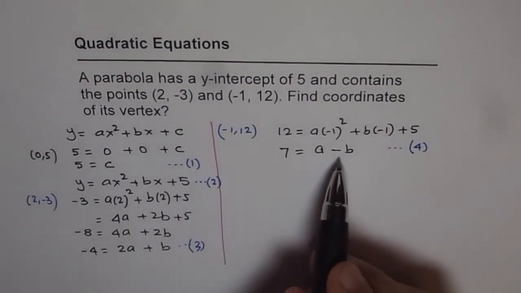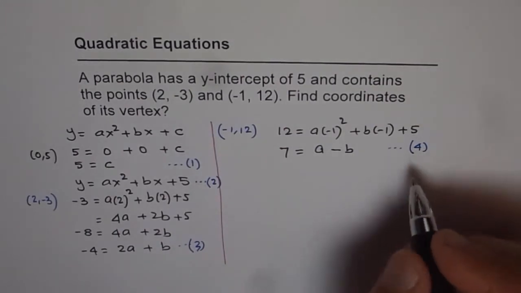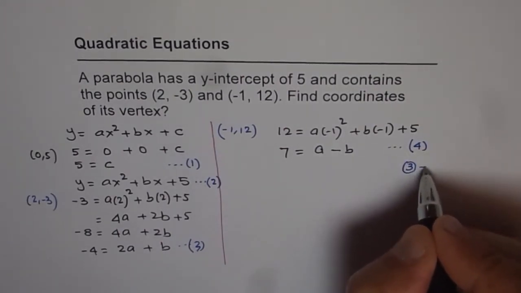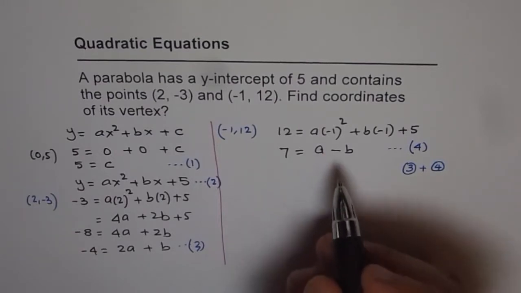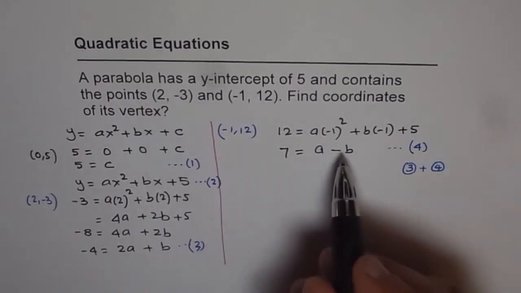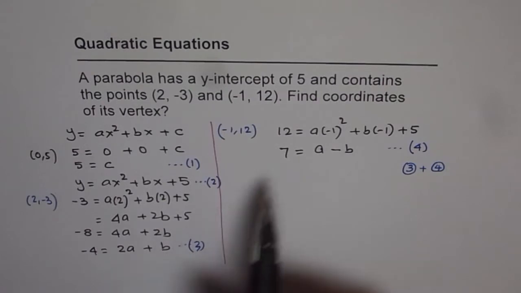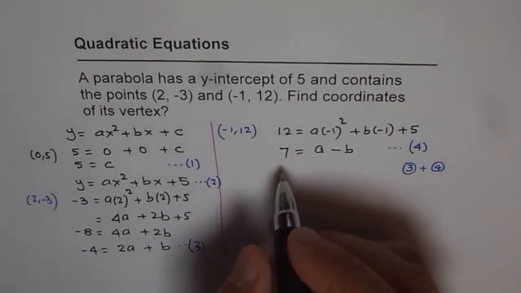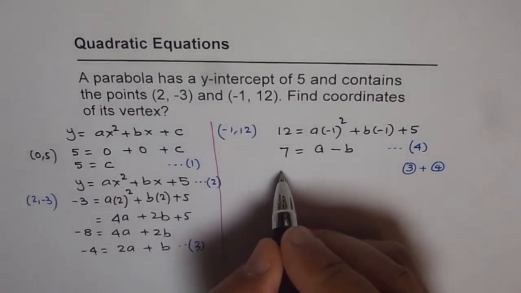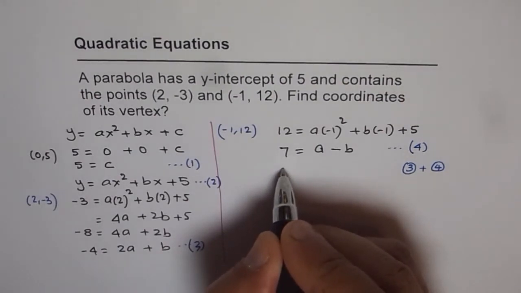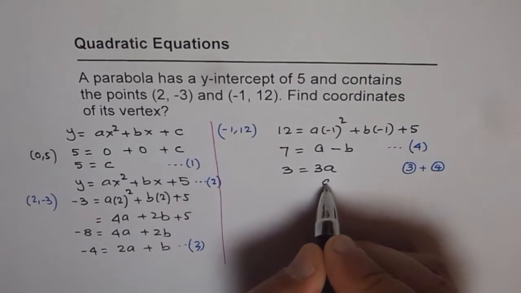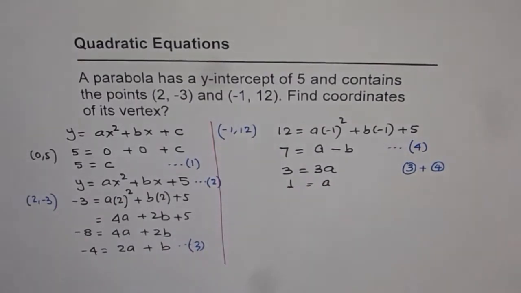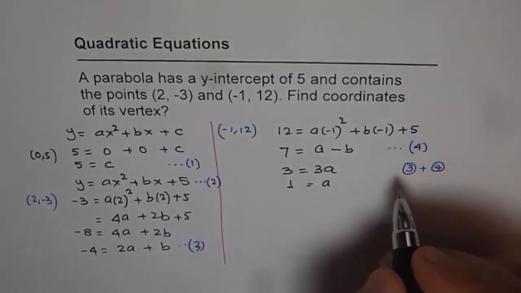Now if we add equation 2 and equation 4, what do we get? Let's add them so that we can solve for a. We get -4 + 7, which is 3, equals 3a, so a = 1. Let's call that equation number 5.